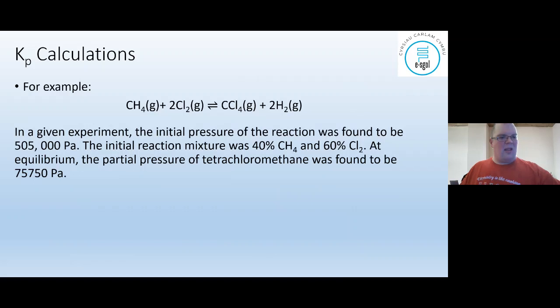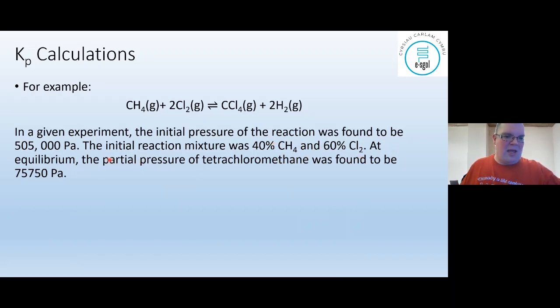So let's have a look at an example, and we'll use the chemical reaction that we had before. In a given experiment, the initial pressure of the reaction was found to be 505,000 pascals. The initial reaction mixture was 40% methane and 60% chlorine.